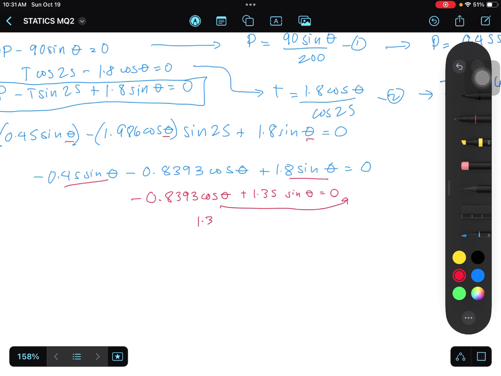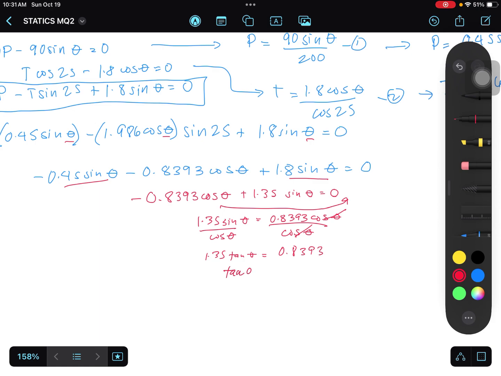Transpose natin. Okay. Divide natin ito sa cosine theta. This will become 1.35 tangent theta, and this is 0.8393.